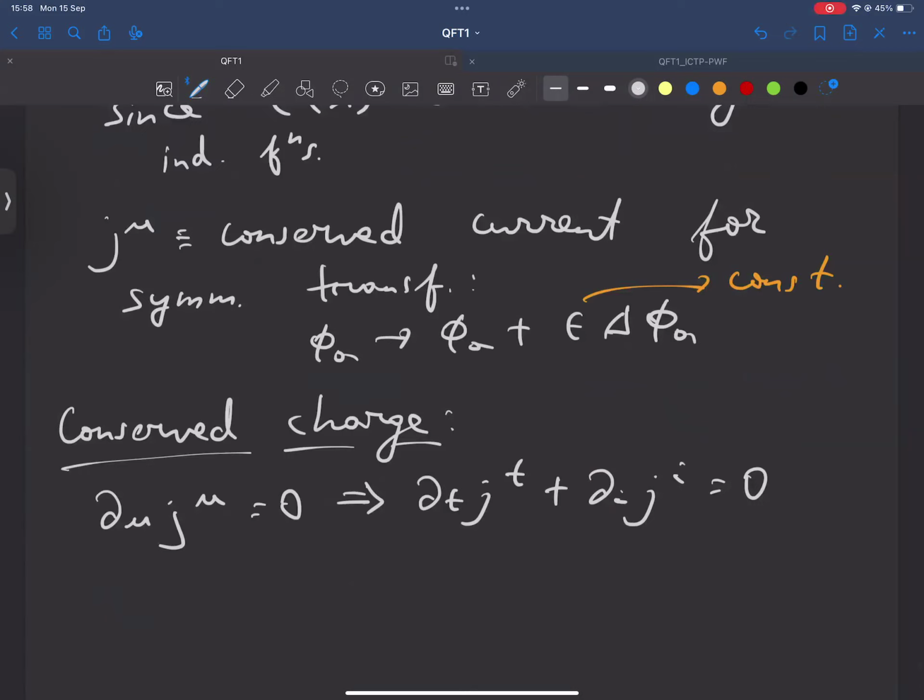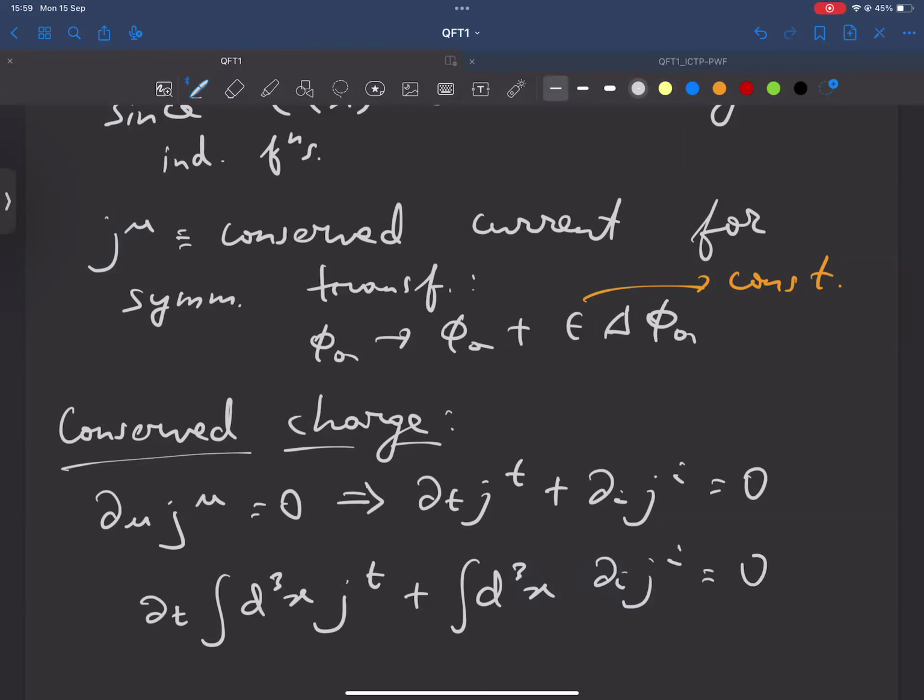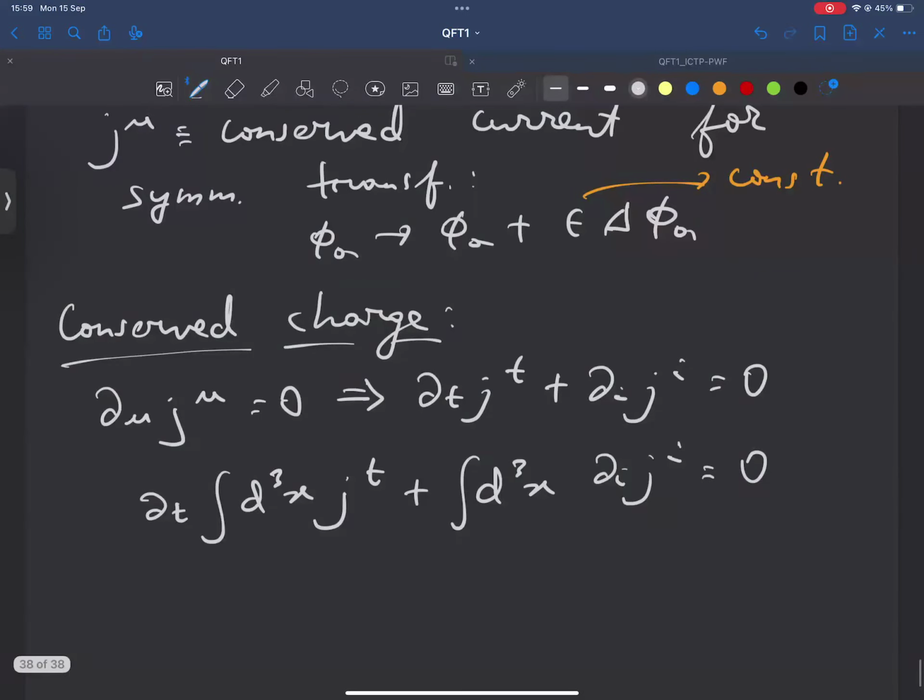And now what you can do is consider the integrated version of this. So we will do the integral d3x J t plus the integral d3x del i J i equals 0.